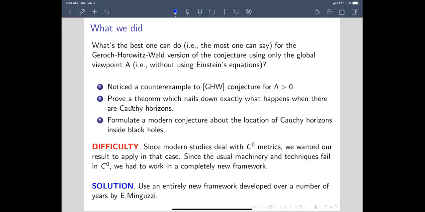And in particular, this statement isn't just true in the setting that Wald and Geroch-Horowitz originally intended, namely at least C2. It's true in C0. So you can think of it as coarse, as rough as you can be, as permissive mathematically as you can be, there is a true statement out there. And the statement is the following.